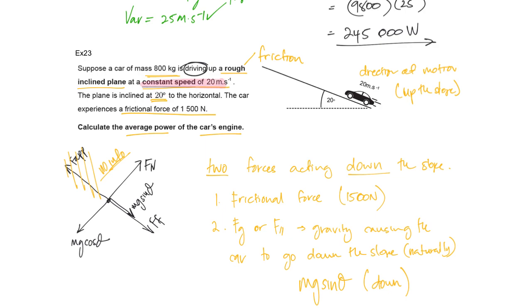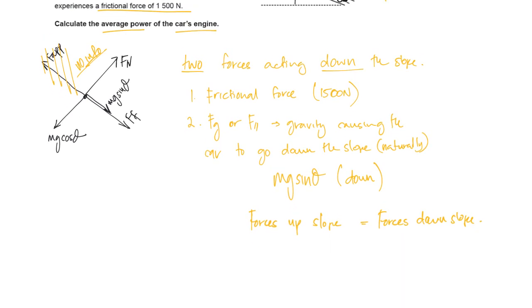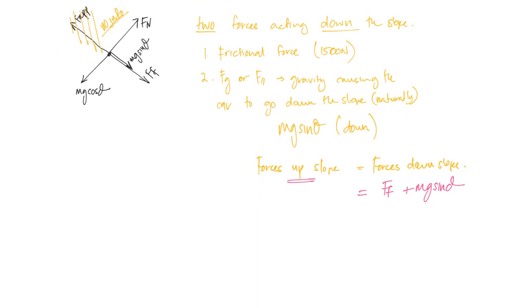My car is driven at a constant speed. I know that the forces that are up the slope must equal force of friction plus mg sine theta. That's going to give me my force for my formula. So my formula is P average is equal to F V average.